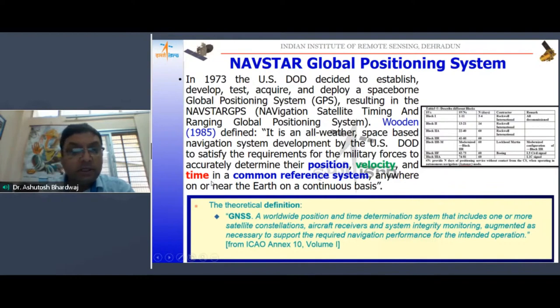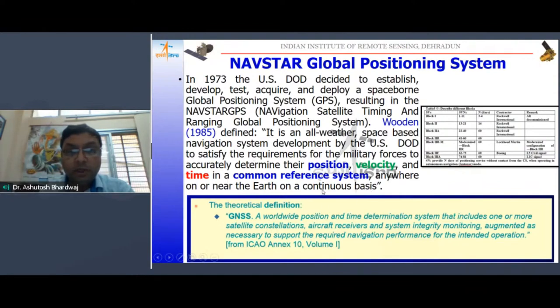Because the GPS satellites are using navigation timing requirements with the help of the atomic clocks, they act as timing laboratories also. And most beneficial point when we are using the GNSS or the GPS or the GLONASS is that it has a common reference system for the entire globe.